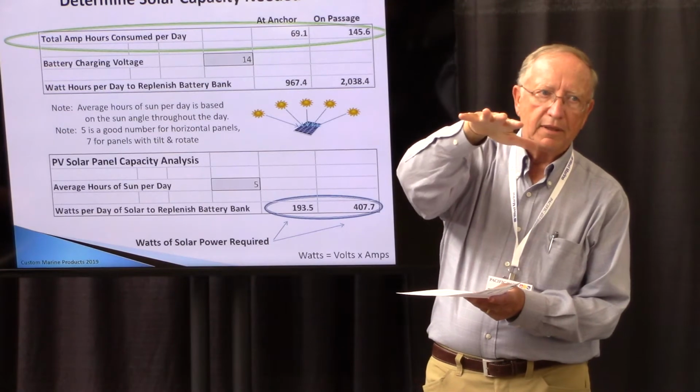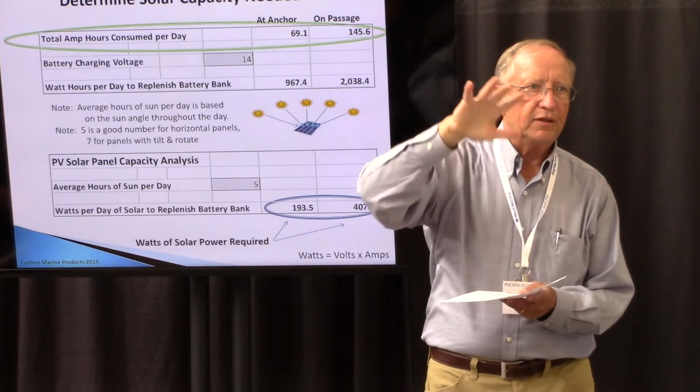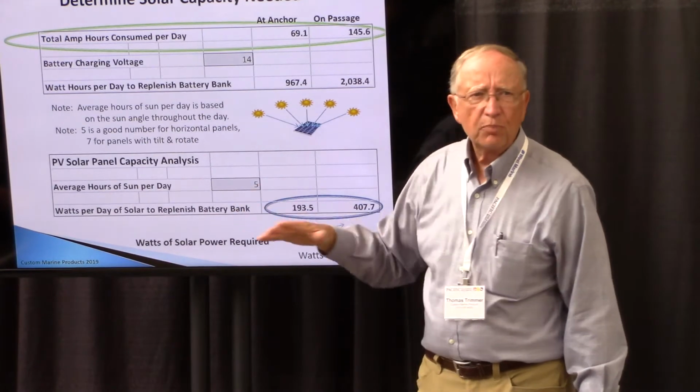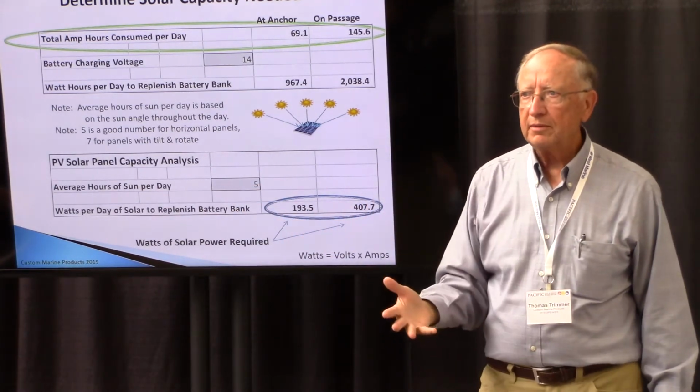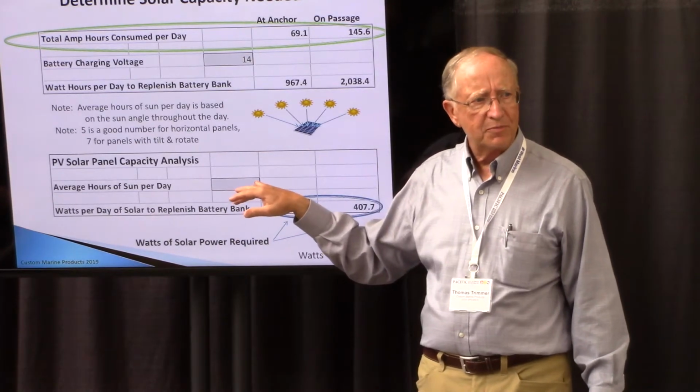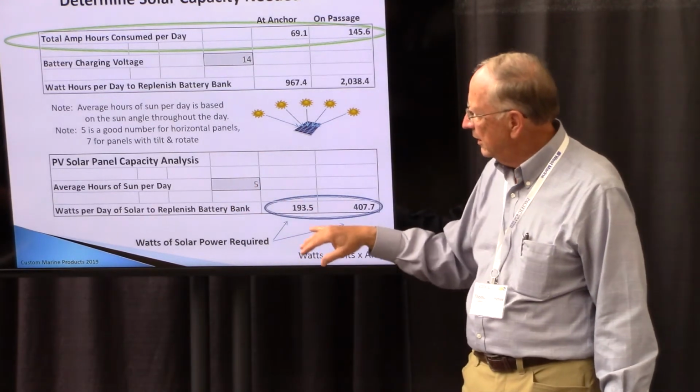It also depends on my latitude, where I am. So 5 is a pretty good ballpark number. You can look up your city on the internet and get a specific number, but 5 is pretty good.